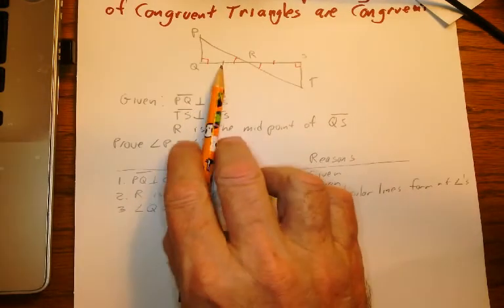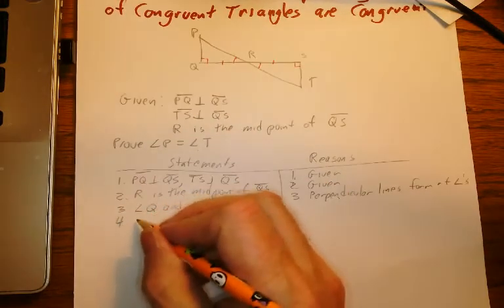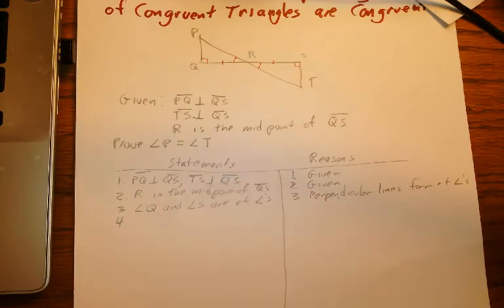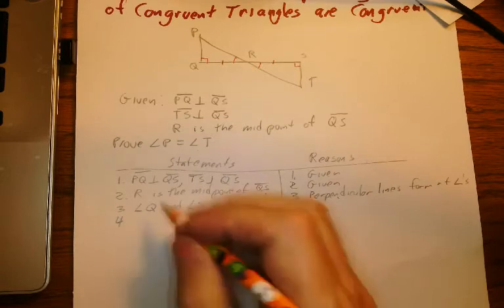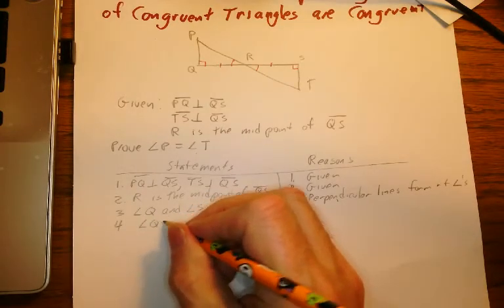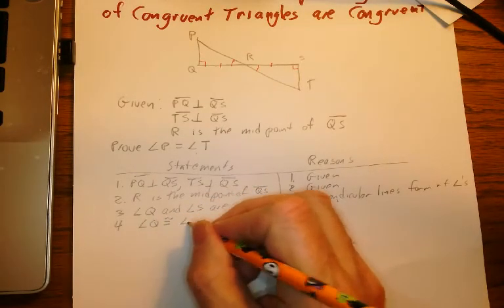Okay? Now, what else did I mark? Oh, before I go ahead and do that, and it really doesn't matter what order you put things down in a proof, as long as what you're trying to prove is at the end. If they're right angles, it means that they are congruent. We do want to say that.